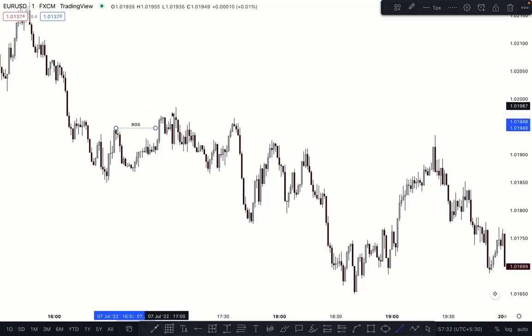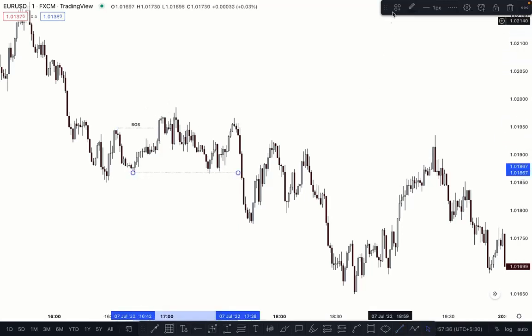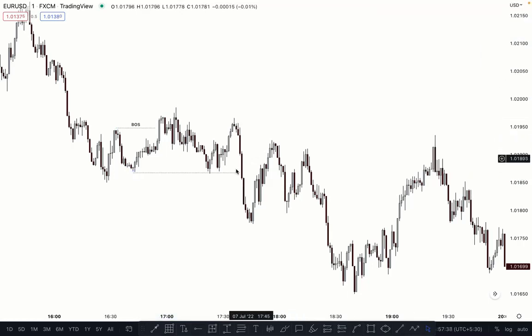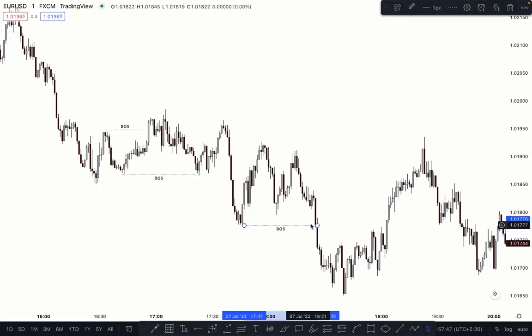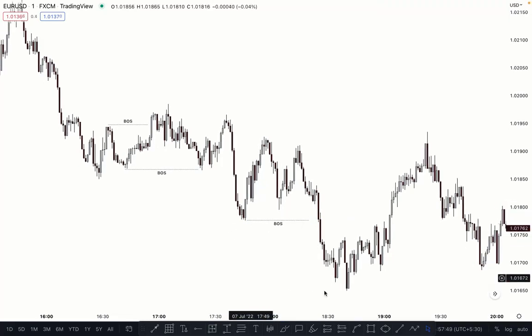After taking out this high, the market turned from bullish to bearish, and this one is our break of structure to the downside. And again, this one is a new structure because the market is creating lower lows like this, correct?